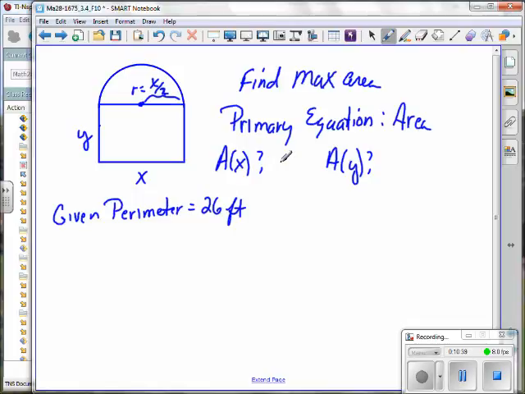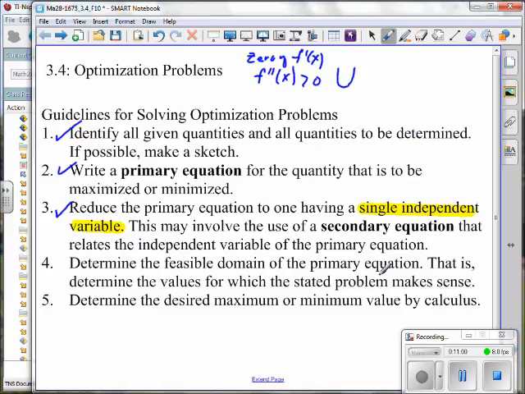My critical numbers are going to be values for what? A, X, Y, or P? So could X be negative? Wouldn't make any sense, okay? So we've got to think about the reasonableness of our answers. Does it make sense? And then determine the desired maximum and minimum value by calculus.